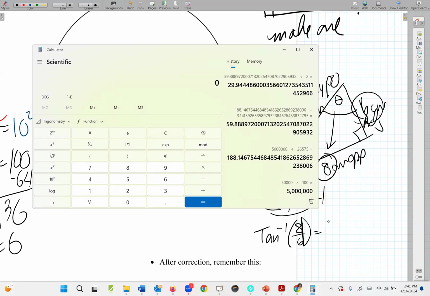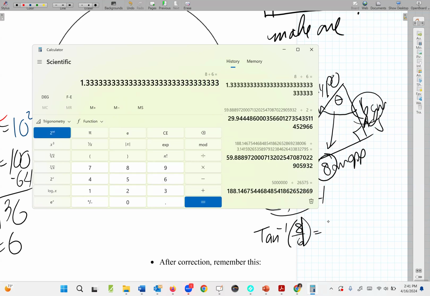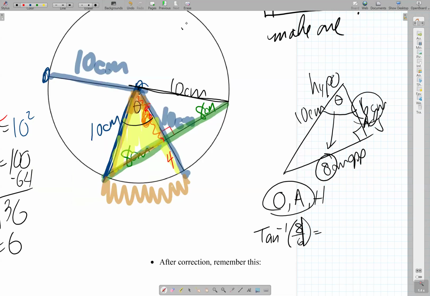Most of your calculators, you do shift tan first. My calculator goes backwards, so I'm going to go 8 divided by 6, second function, tangent, and I get 53 degrees there. And that one right there, you take it away from 90, and I get 37.